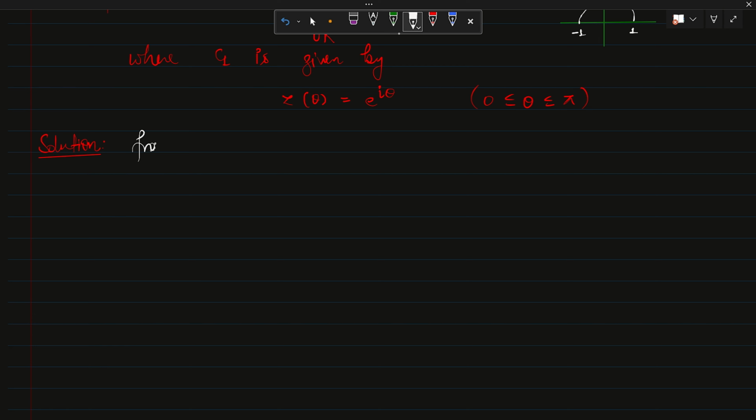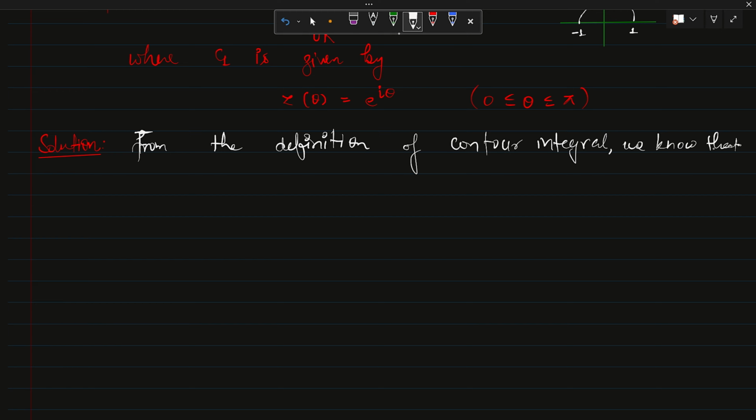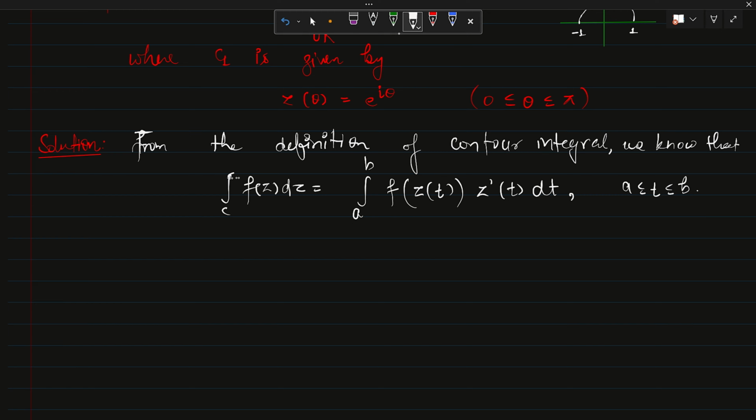From the definition of contour integral, we know that the contour integral of f(z) dz is nothing but the real integral from a to b of f of z(t) times z prime(t) dt, where t runs from a to b. That is the definition that must always be in your mind.